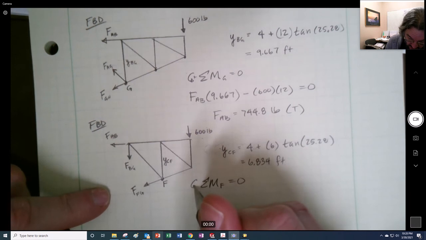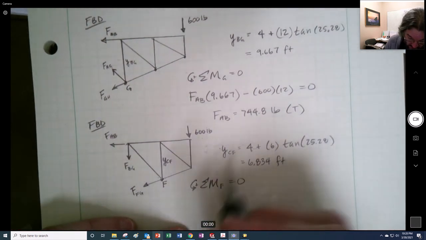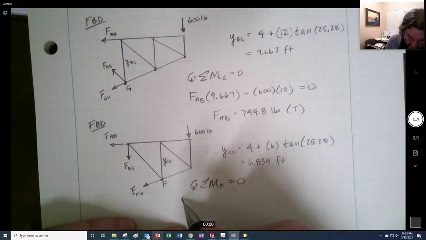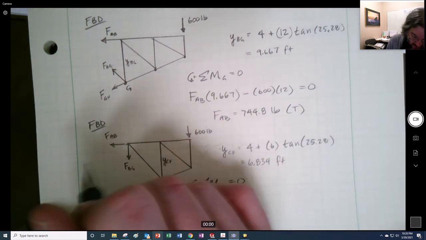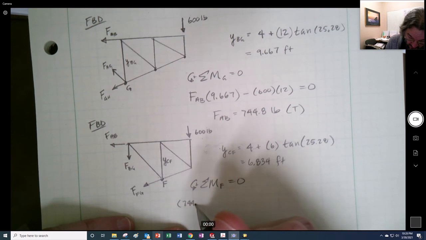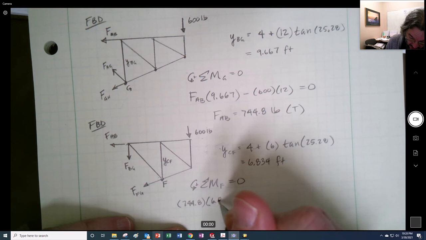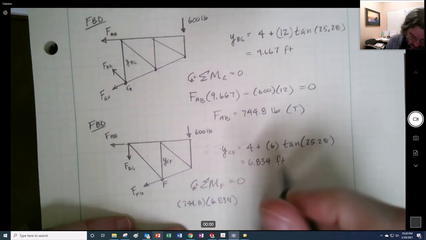So we have the summation of moments about F now. I want to do it again. And that's going to be FAB. It's going counterclockwise, so 744.8 times 6.834.